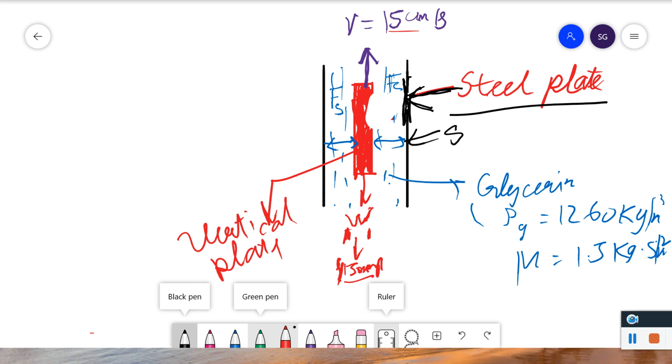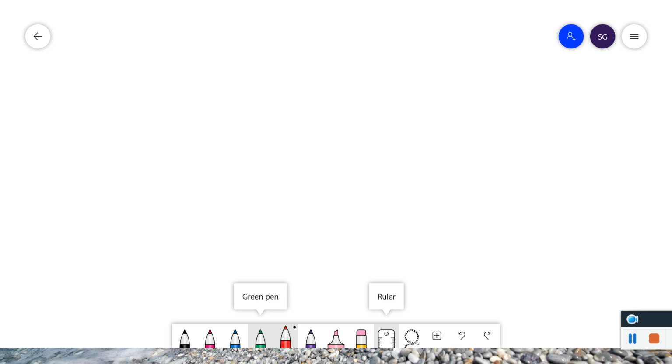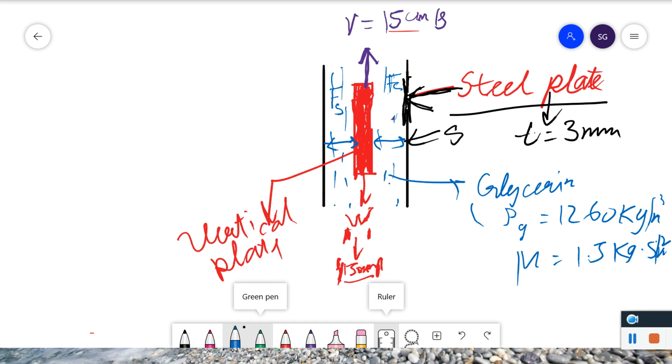Steel plate thickness is 3 mm. Since it's covered with glycerin, this vertical plate will exert a shear force due to the glycerin which is filled inside.